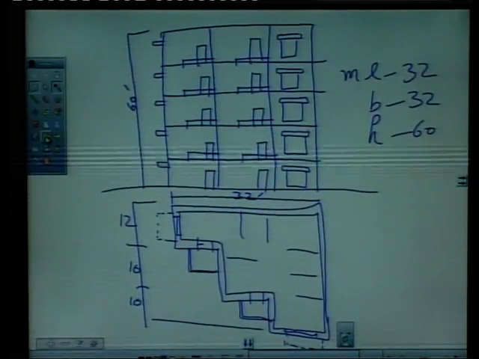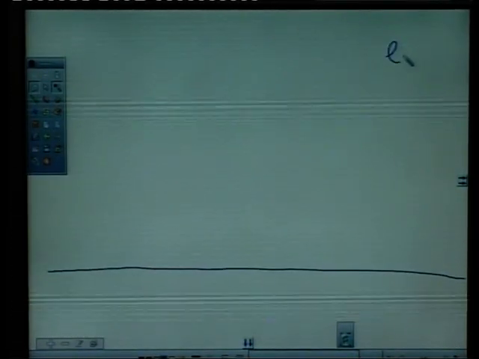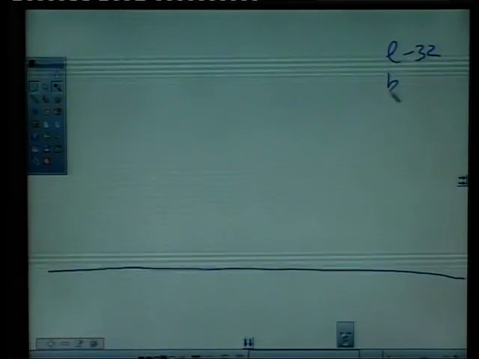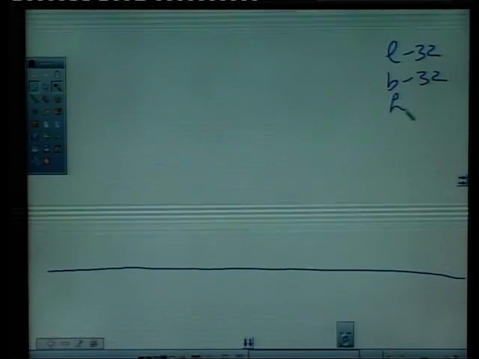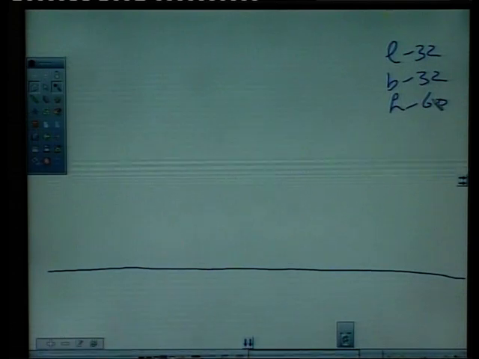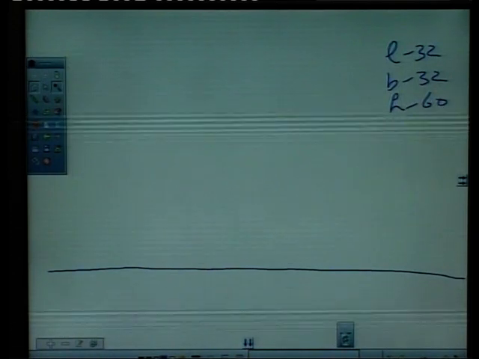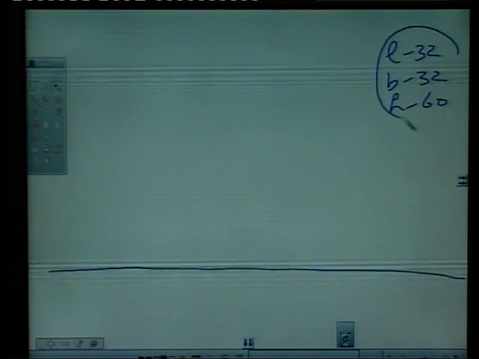First of all, again same, draw a horizontal line, right? Length was 32, breadth was 32 and height was 60. Draw a box to the scale with these dimensions, right?